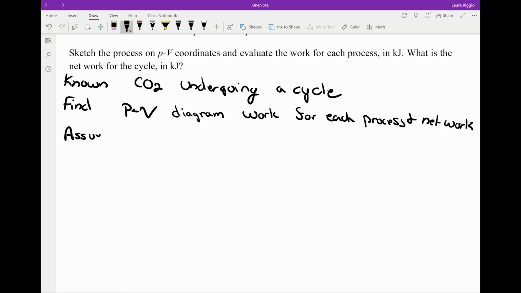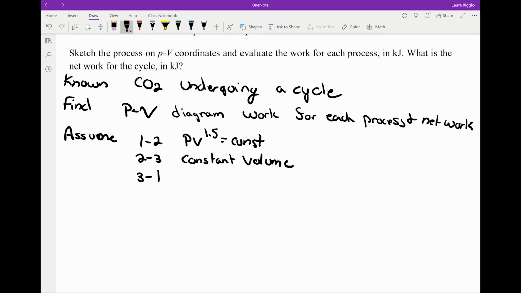We can assume for 1 to 2, PV^1.5 equals a constant. For 2 to 3, we have constant volume.